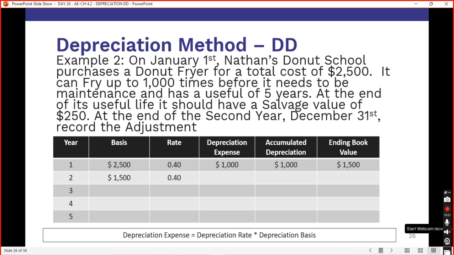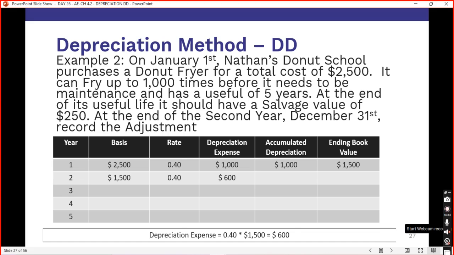What is 1,500 multiplied by 40%? That should give you a total of $600. Now that you depreciate it again by almost half, you did 40%, therefore you got $600.